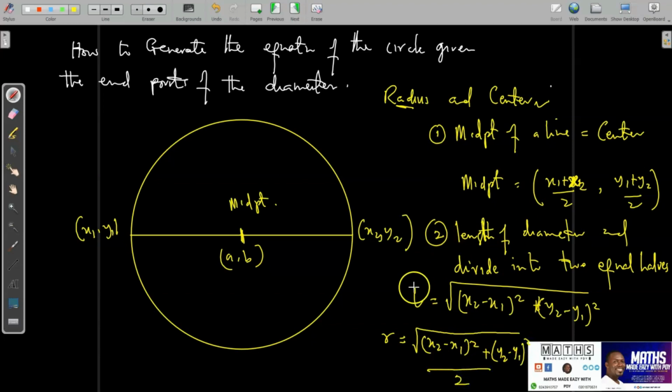So this is the systematic presentation that will help you obtain the center as well as the radius of a circle.